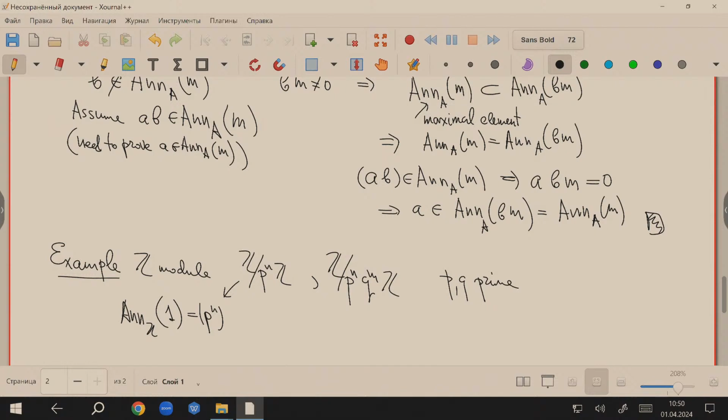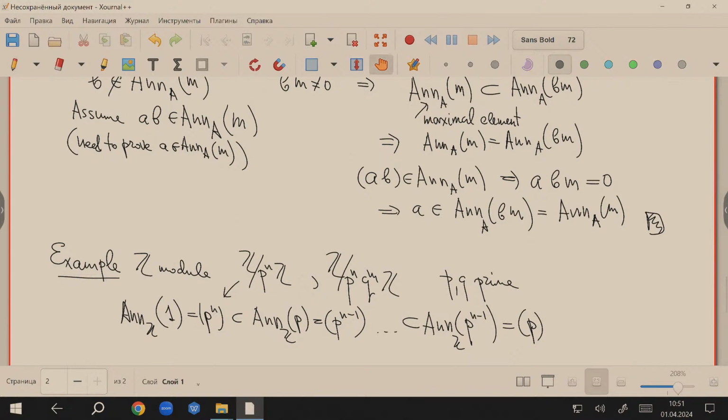But then you realize that you can multiply by P, and then the annihilator of P will be a larger ideal. So this will be P to the power n minus 1. You start doing this until you stop at the annihilator of P to the power n minus 1. And the annihilator will be precisely P, and this is a maximal ideal, I suppose.